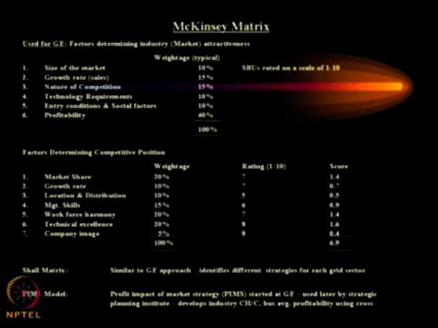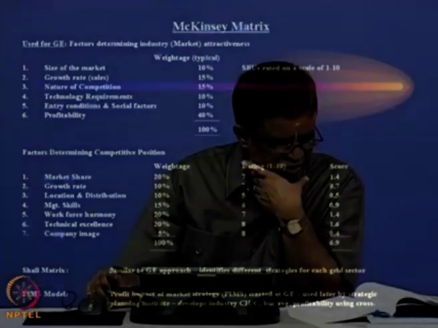Drawing upon all this, the PIMS model was suggested. What is this PIMS model? This is called profit impact of market strategy. It was first started at the General Electric company, then it was used later by the Strategic Planning Institute for portfolio analysis. What does it do?